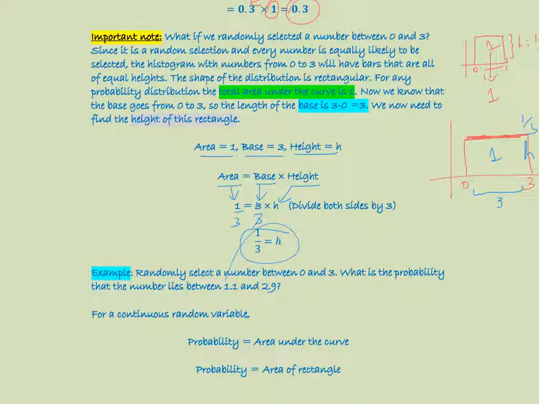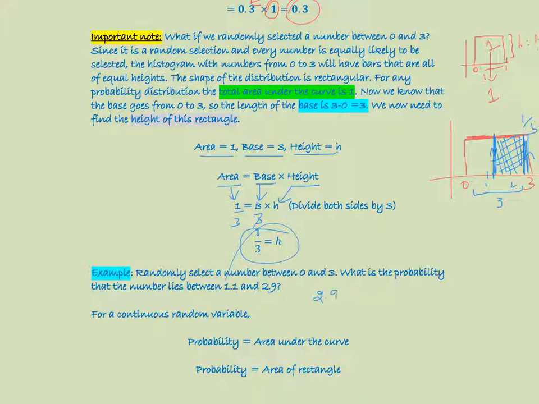So now if we have to find the probability that a number lies between 1.1 and 2.9. Let's say that is a 1, that's a 2, and that's a 3. So 1.1 is somewhere here, and 2.9 is somewhere here. We have to find the area of this rectangle with base that extends from 1.1 to 2.9.